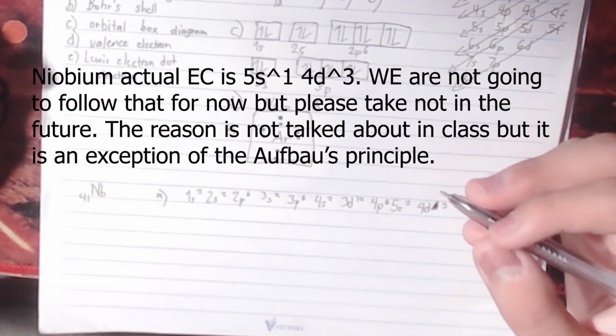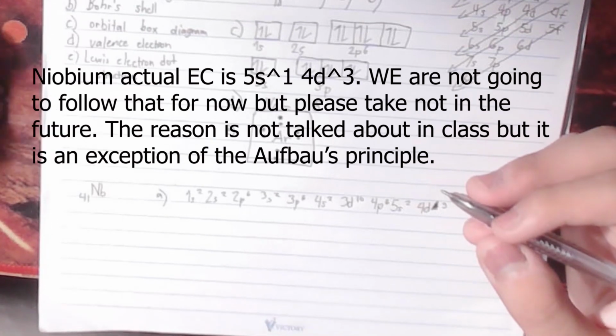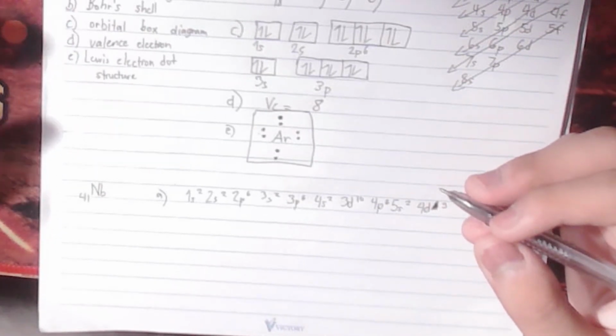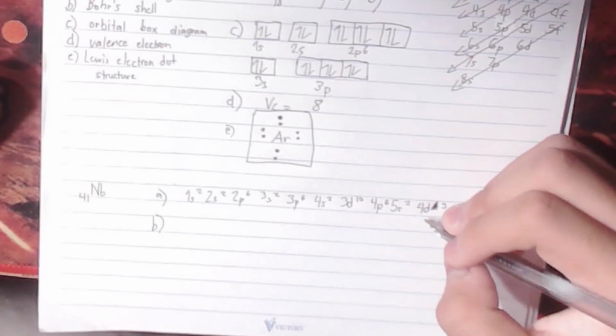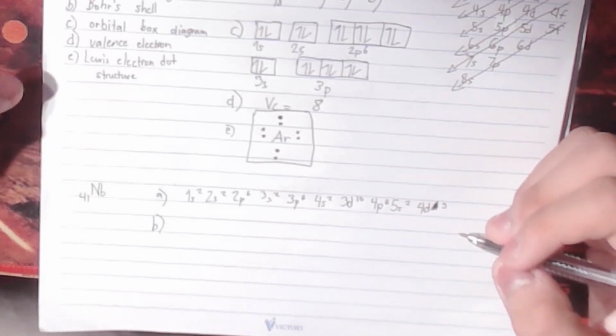Since 41 is niobium, let's now check the Bohr shell. Now take a look at how it's incomplete. We're going to be talking about that later.